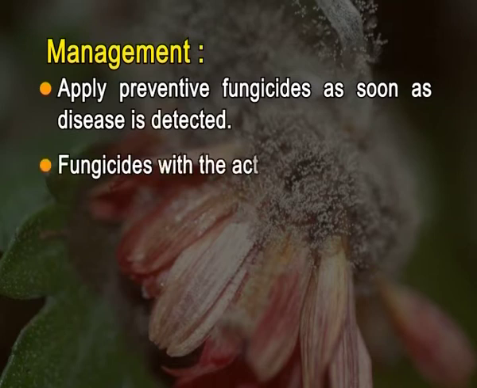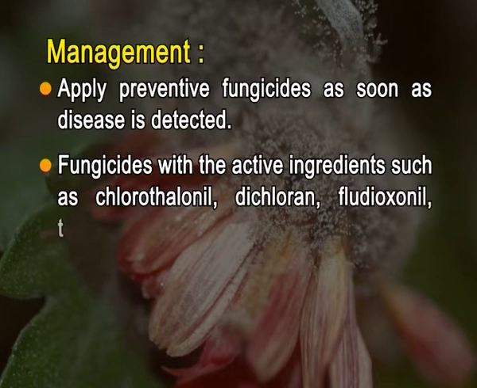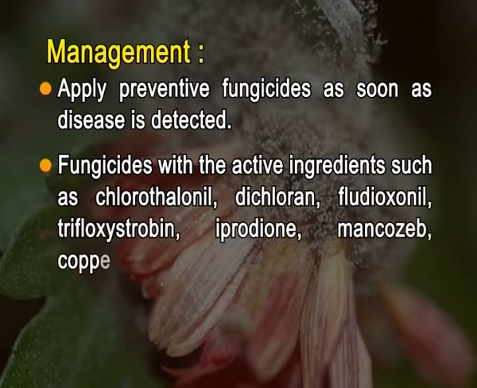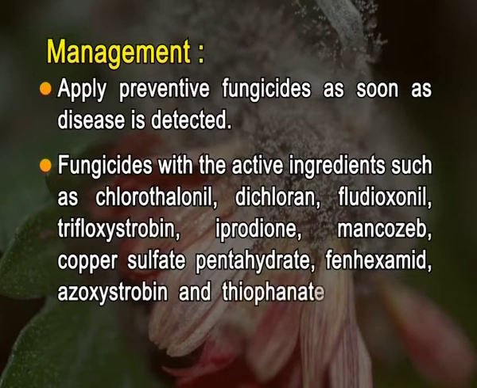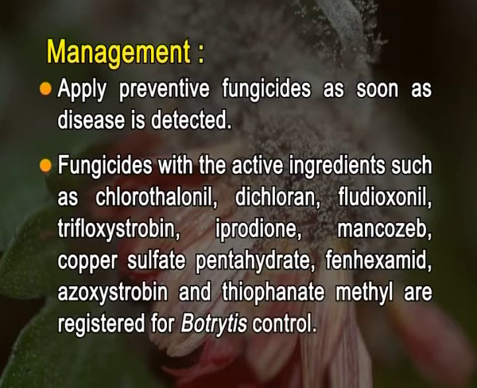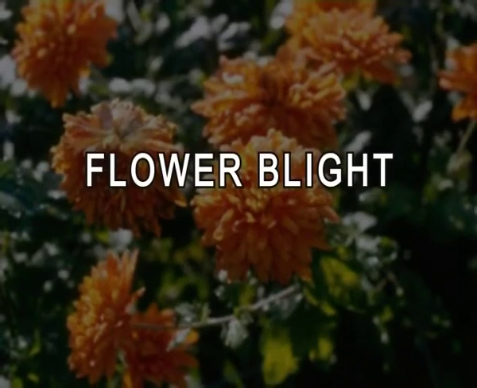Fungicides with active ingredients such as chlorothalonil, dichloran, fludioxonil, trifloxystrobin, iprodione, mancozeb, copper sulfate pentahydrate, fenhexamid, azoxystrobin and thiophanate methyl are registered for botrytis control. This is about the management of botrytis.